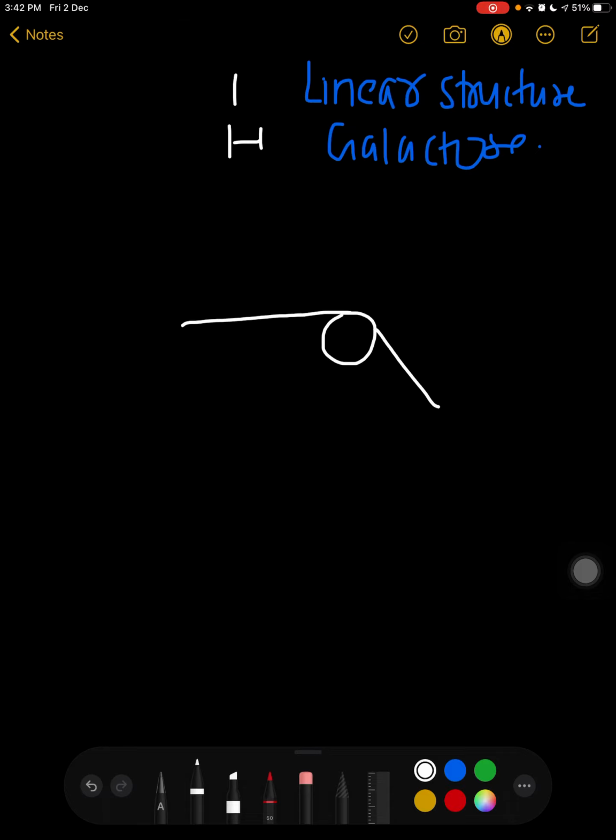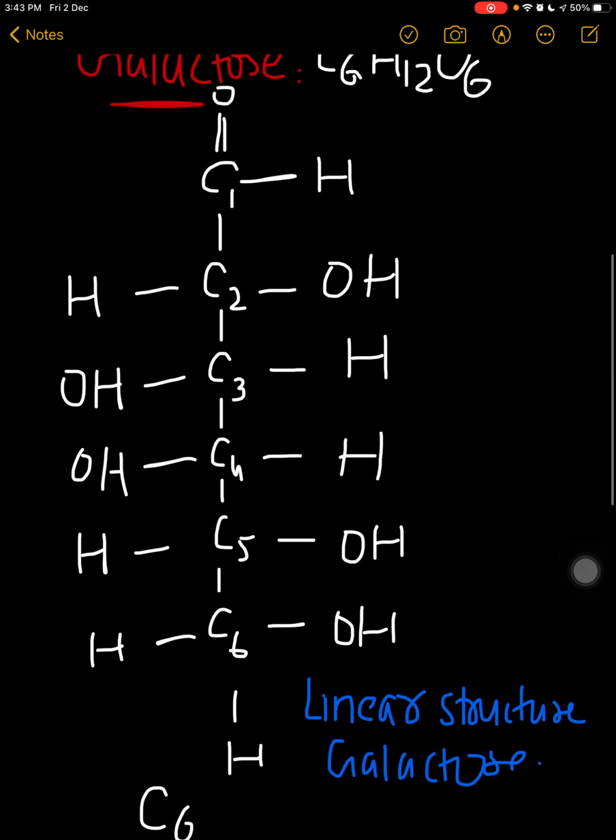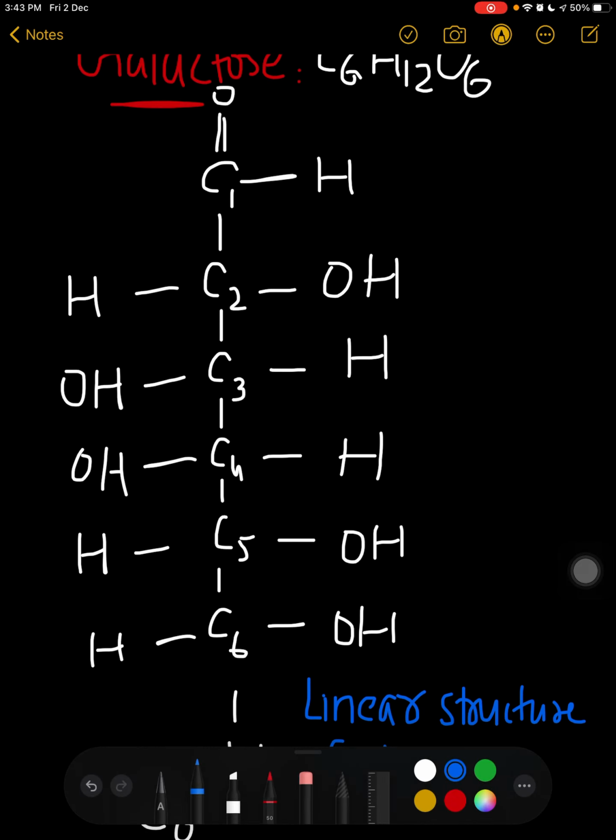Basically here we are having carbon number 1, carbon 2, carbon 3, carbon 4, carbon 5, and here carbon number 6. So let's look into this. Here what happened is that the OH on the second last carbon, which is carbon 5, went to this group.